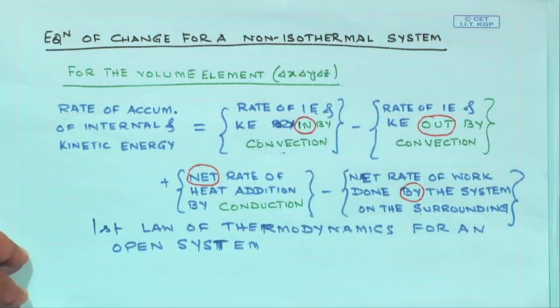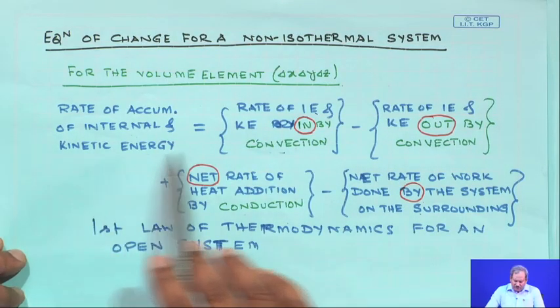So, the change in energy content, both internal energy and kinetic energy of a volume element in an open system, is a result of several factors: the conductive flow of energy, the convective flow of energy, and all terms that refer to work done by or on the system. So, this much we have covered in the last class, and the equation that I have shown over here is what I have described.